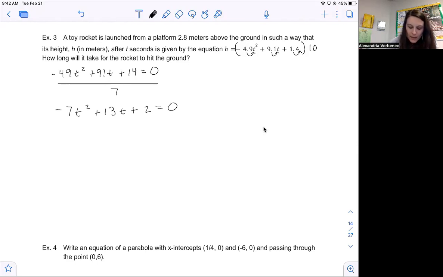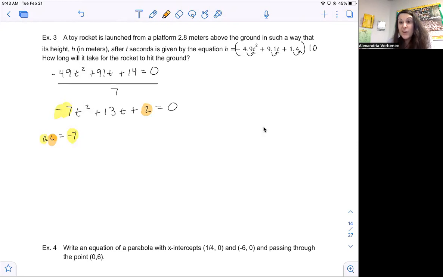So A is negative 7. C is 2. And we're going to multiply negative 7 by 2 to get negative 14. Now, if you need your calculator to do 1 and 14 and 2 and 7 again, then go ahead and do that.